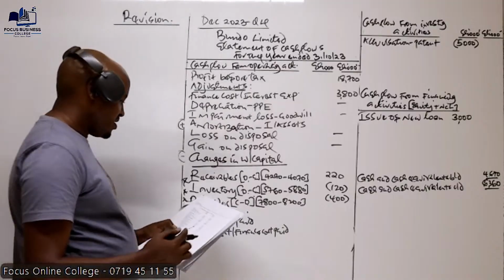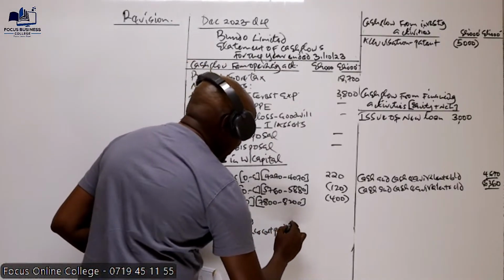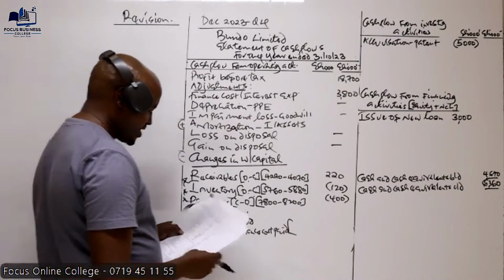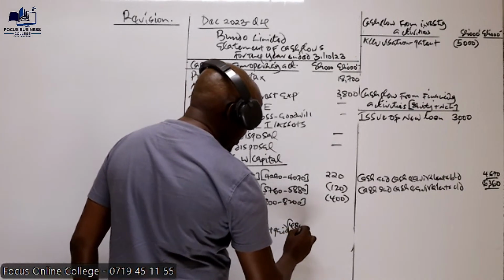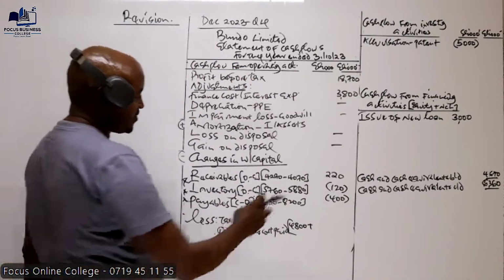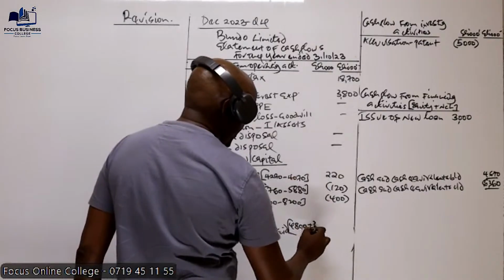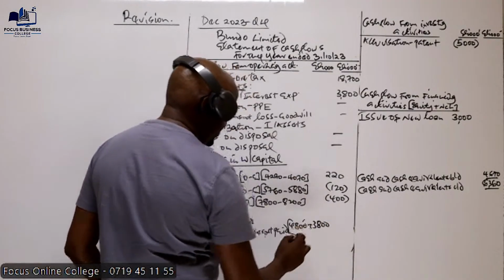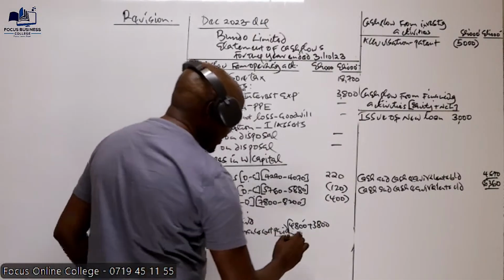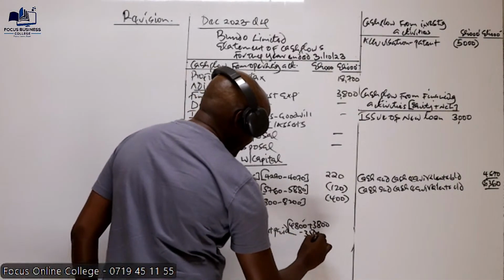which was paid? In this case, I said we take the interest which was payable at the start. The interest payable at the start was 48. And then to this, we add the finance cost from the income statement, 38. So 48 plus 38. And then we minus the interest payable at the end, which is 35.